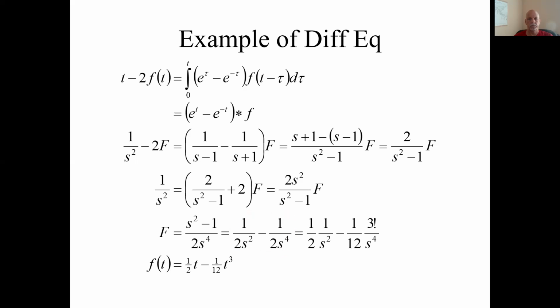So we write it, and now I can find things in the table. 1 over s squared and this 3 factorial over s to the 4th. Those are in the table. There we go. This is the solution to that integral equation.